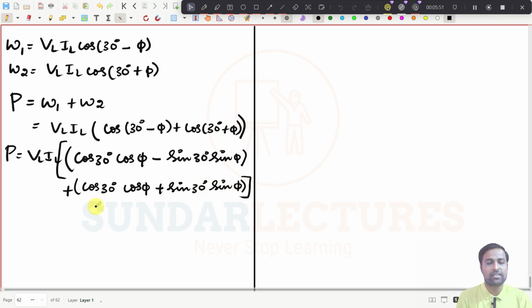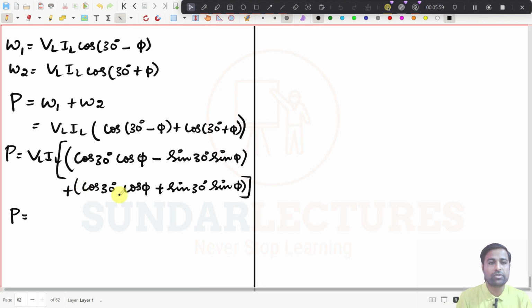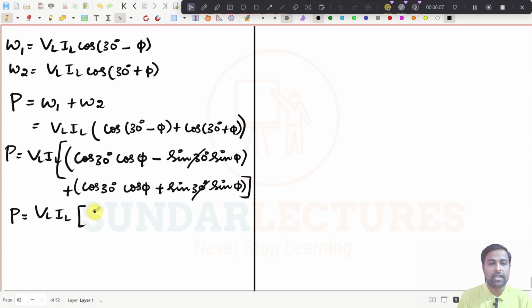And if you further simplify this, I will straight away write, because these kinds of things you can easily do. It is easy to see here, this value and this value will be cancelled out. And what is the other thing? So it is VL into IL, and you will get 2 cos 30 degree into cos phi.